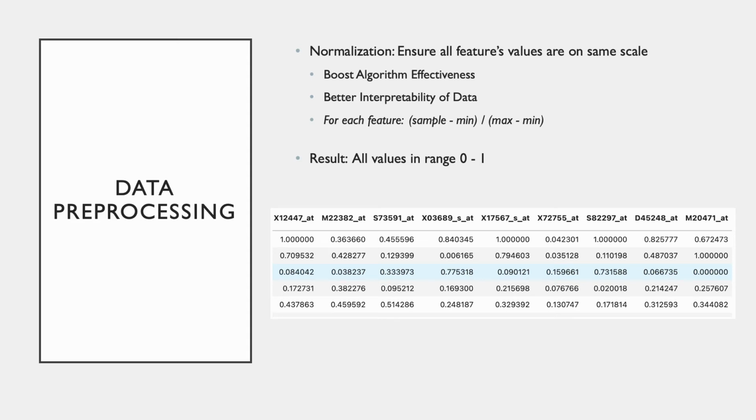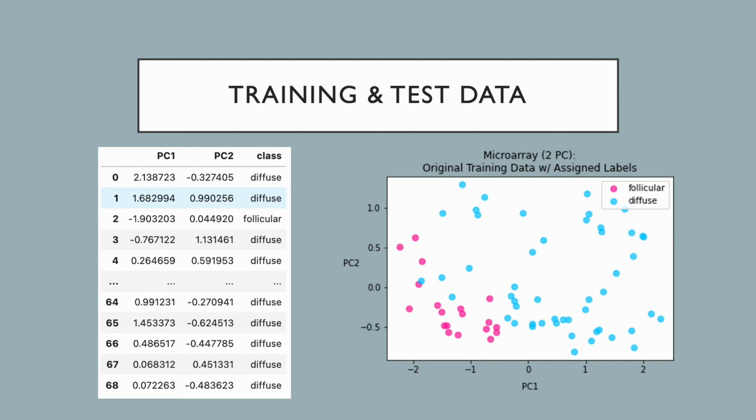So then we apply principal component analysis onto this normalized data set, and the values of the samples in the principal component space will no longer be from 0 to 1 because of the projection, but they will remain on the same scale, more or less. And this is what it looks like here.